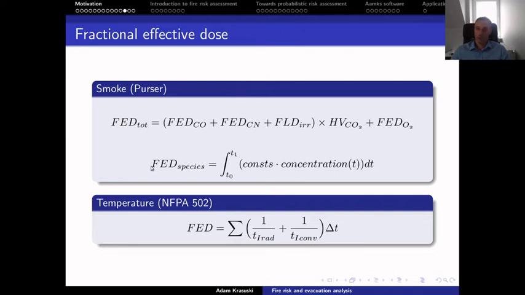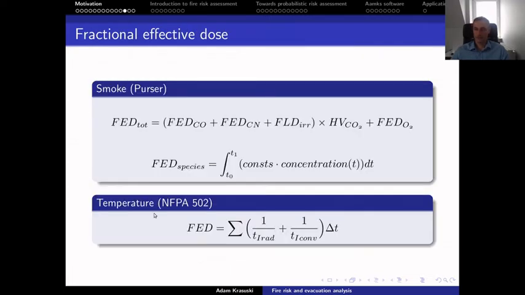So in general terms, we use the fractional effective dose as an integral, within some time period of the exposure, of the concentration and some constant related to the given species or elements.